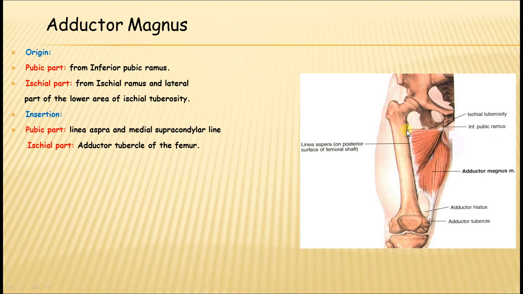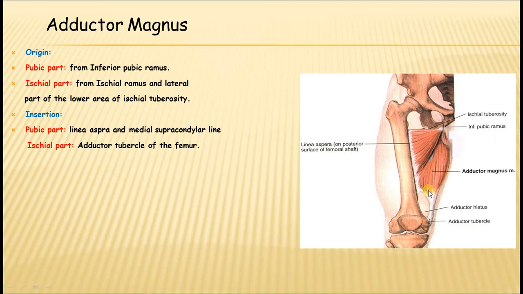The medial circumflex femoral artery will pass through the gap between the quadratus femoris and the upper border of the adductor magnus muscle. If you look at the fibers of the adductor part, they are almost transversely oriented, whereas these fibers are mostly vertically oriented.